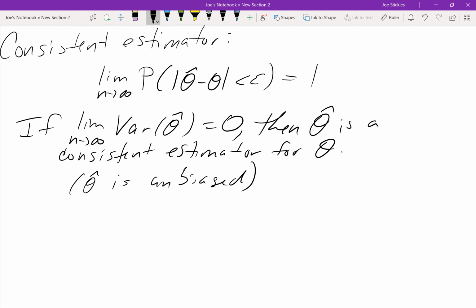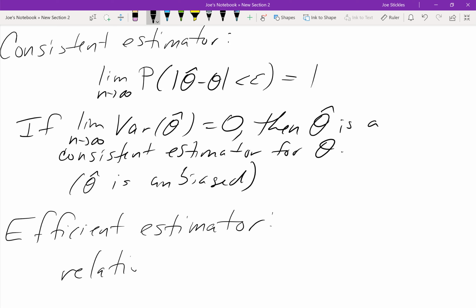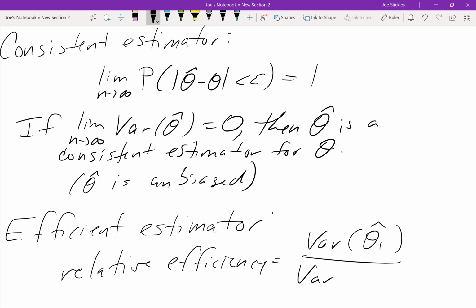And then we also talked about efficient estimators, and really, we talked about relative efficiency. You look at the quotient of the two variances. That's the definition of relative efficiency.